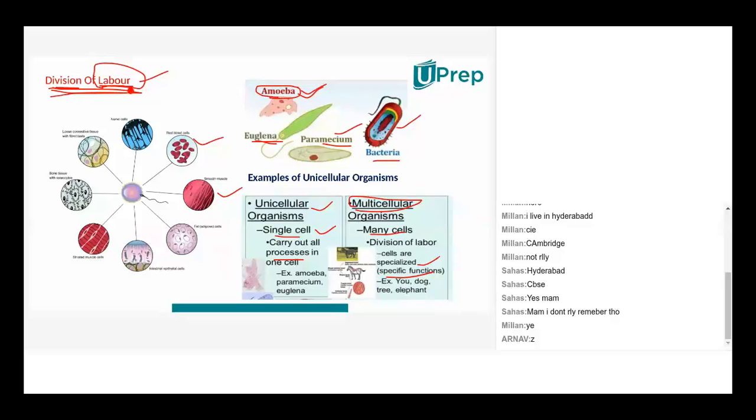So a question can be asked: division of labor is observed in only multicellular organisms, not in unicellular organisms. Clear with the concept? How unicellular and multicellular organisms can be differentiated based on division of labor. What does the word division of labor mean?